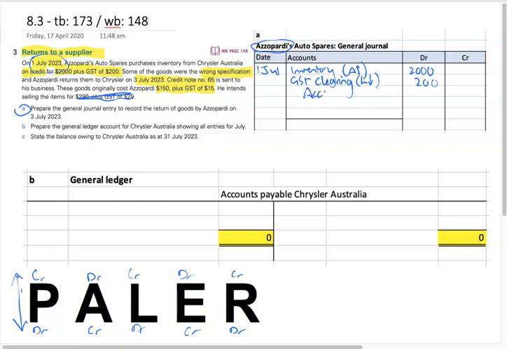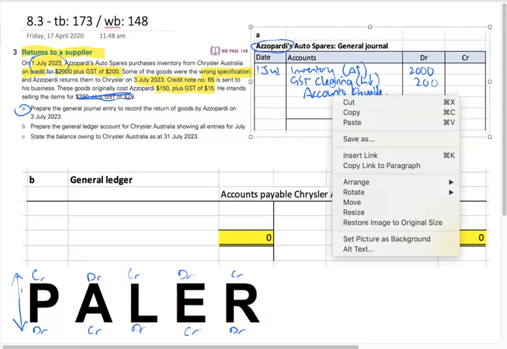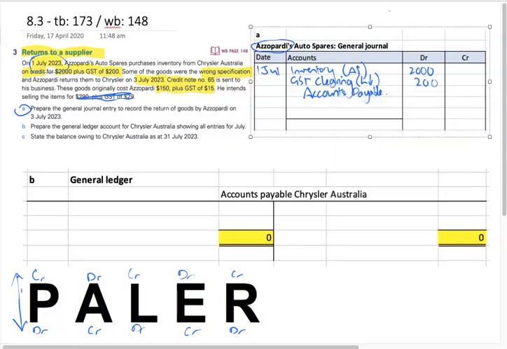We purchased this inventory on credit. That means we have an accounts payable, and that accounts payable would be for Chrysler. And how much do we owe them in total? $2,200.